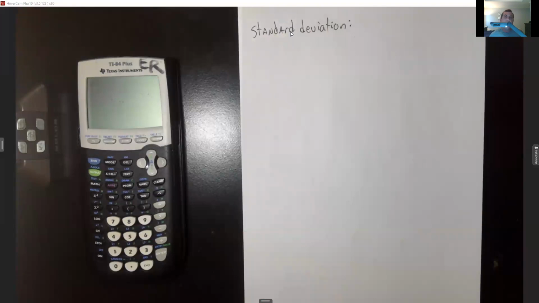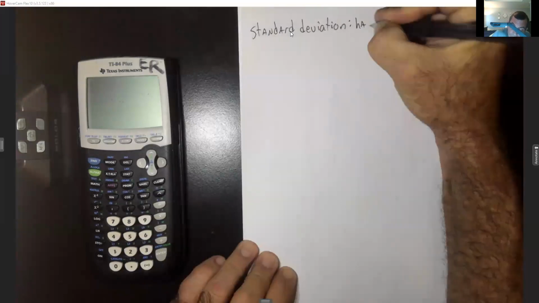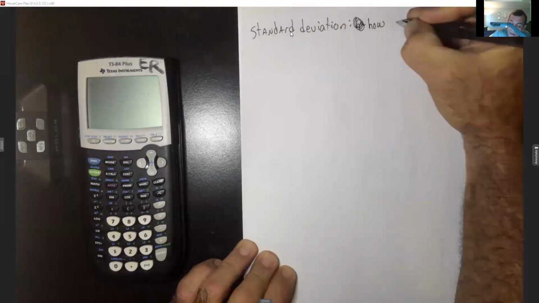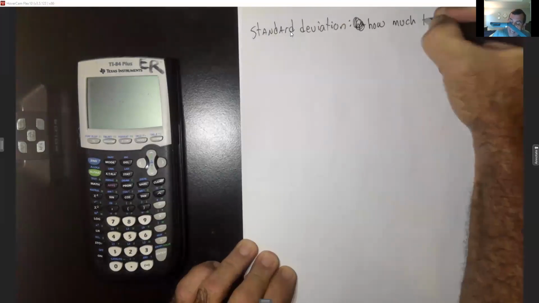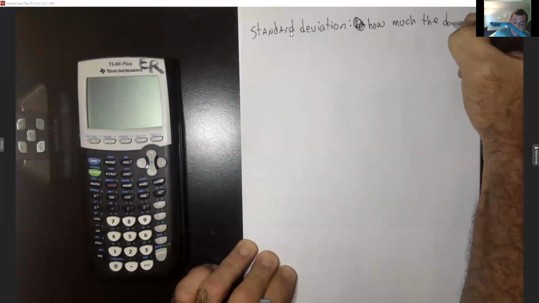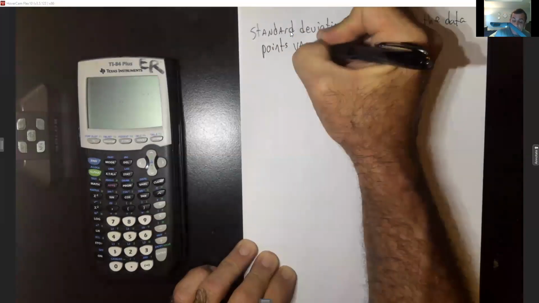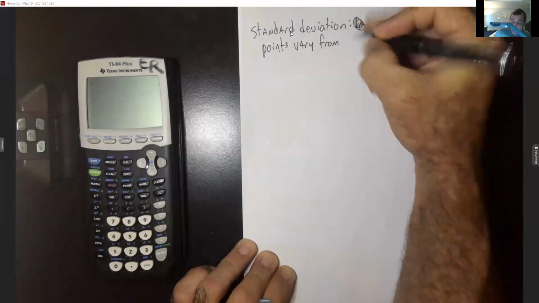And we really use standard deviation to describe how much the data points vary from the mean.